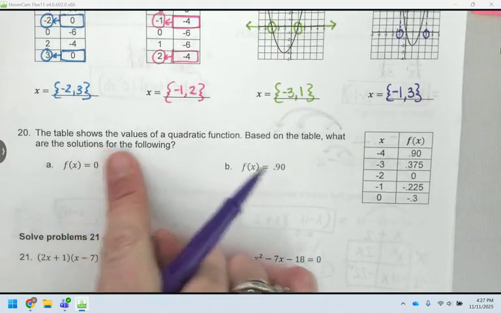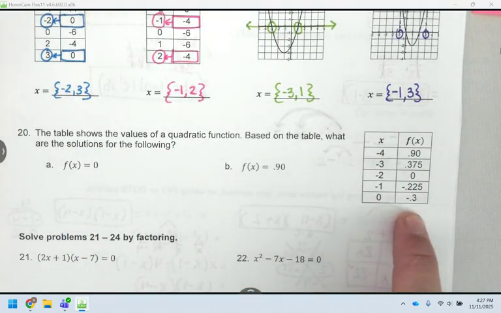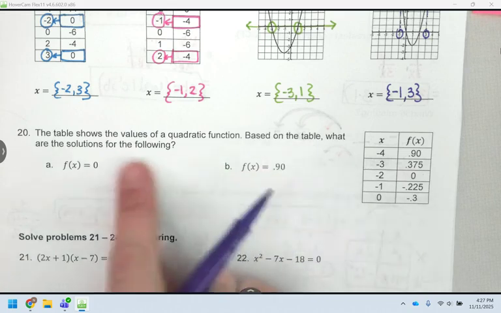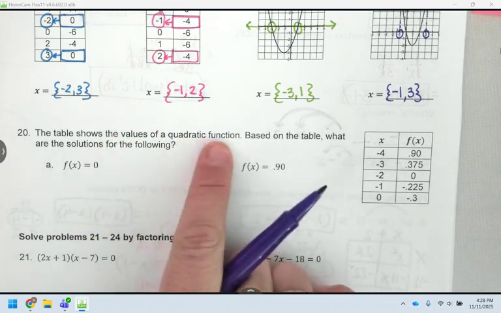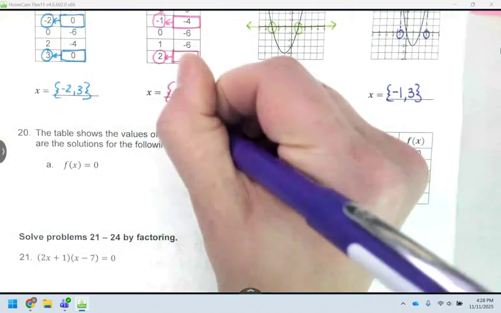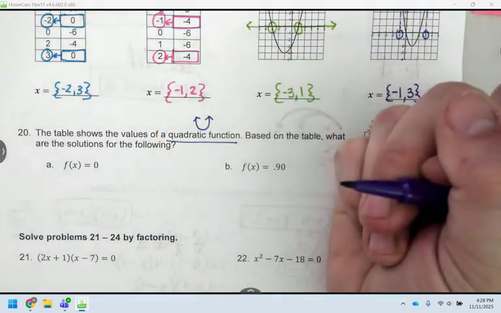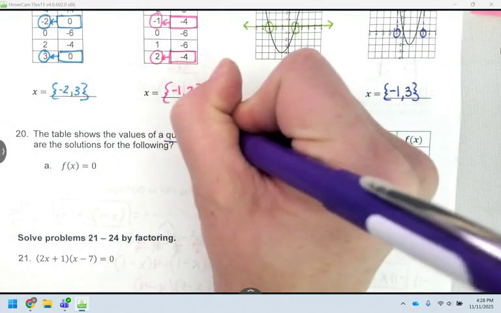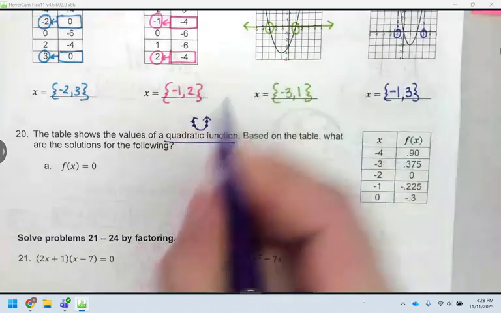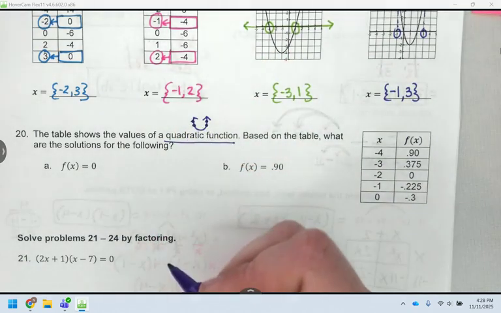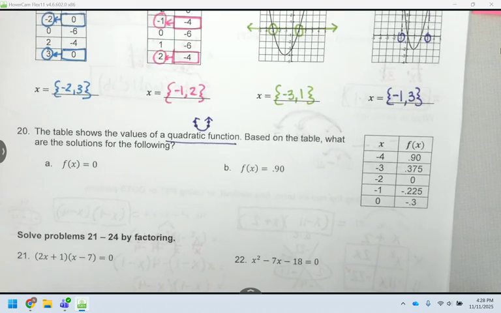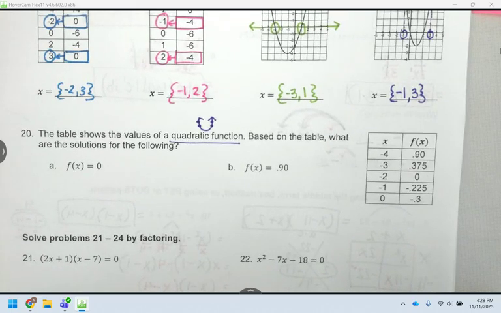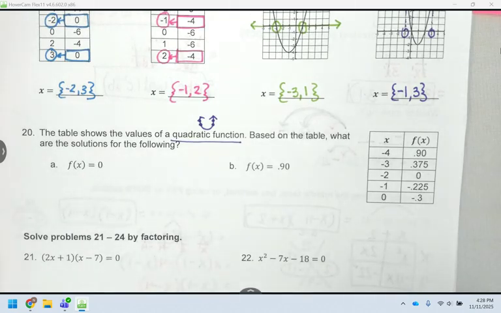All right, the table shows the values of a quadratic function. Based on the table, what are the solutions for the following? All right, remember what a quadratic function means. A quadratic function has symmetrical points. So if it has one point, it has the exact same one directly across from it. So if you remember, they have symmetry, and it looks like we're going to have to actually find the difference of these.